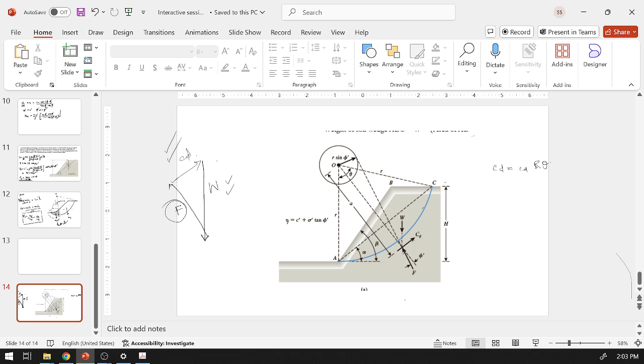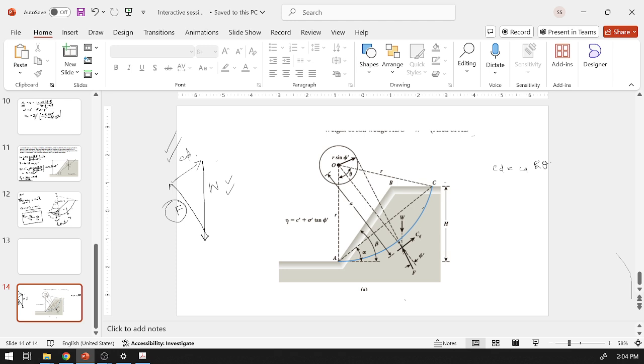From this F, the resultant force of the normal and frictional forces along the surface. This is the resultant force.